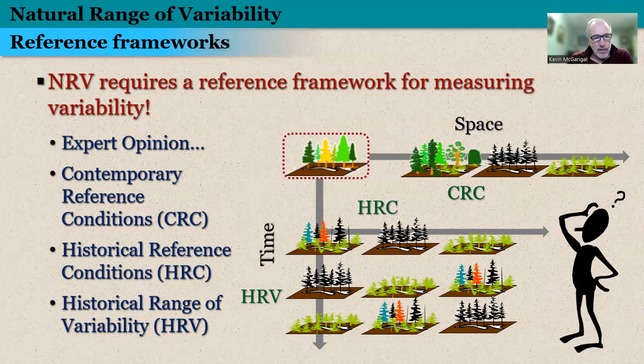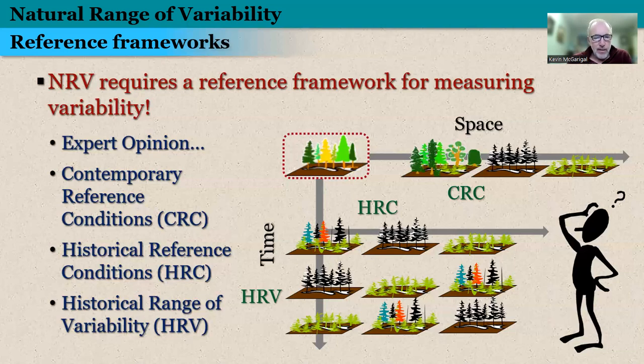I'm going to discuss 3 approaches in detail, but I'll also mention here that as an alternative to a quantitative approach to NRV, there is always the option of an expert-based approach, using expert opinion to essentially describe what the natural range of variability is for any particular ecological attribute. But I will dismiss this because it's really no longer deemed acceptable and justifiable given these more quantitative and defensible alternative approaches that I'll discuss in detail.